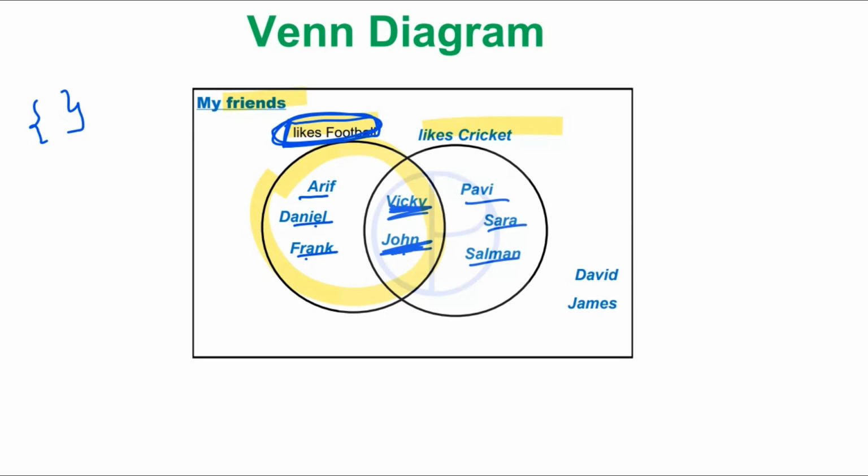Now we could do the same thing for likes cricket: Pavi, Zara, Salman, Vicky, John. And we will notice again that Vicky and John are members of both sets.